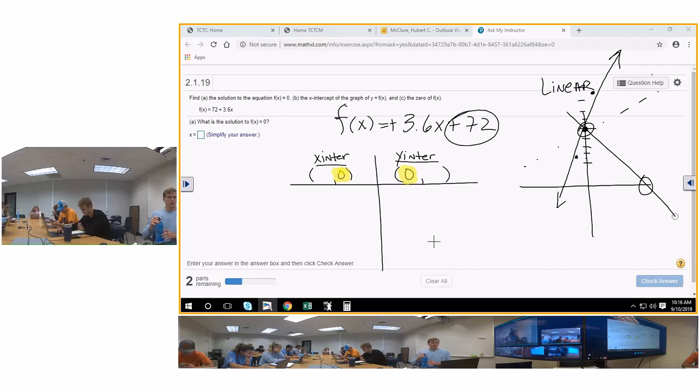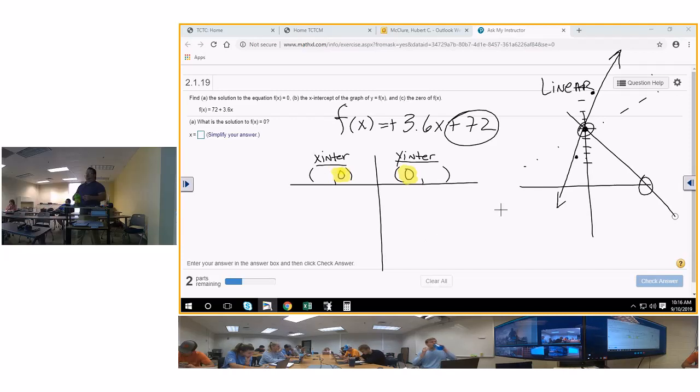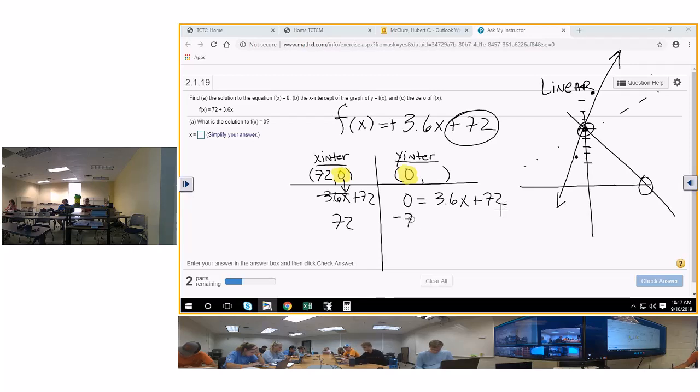Okay? So, let's plug in 0 for x. So I'm going to put 3.6x plus 72. That goes out, 72. 0 is equal to 3.6x plus 72, minus 72 is equal to 3.6.